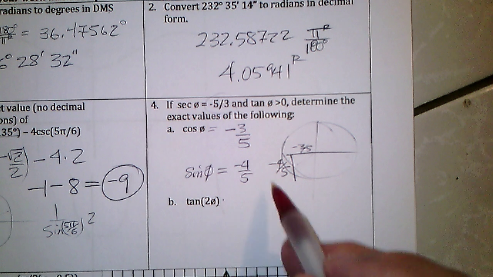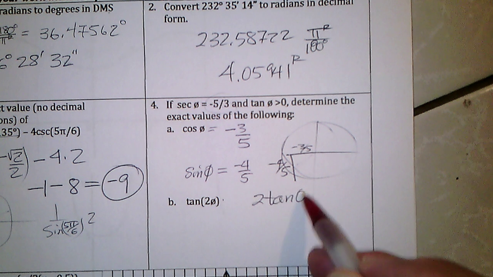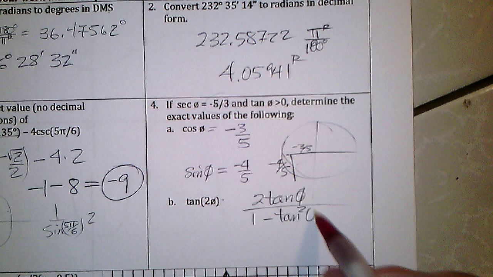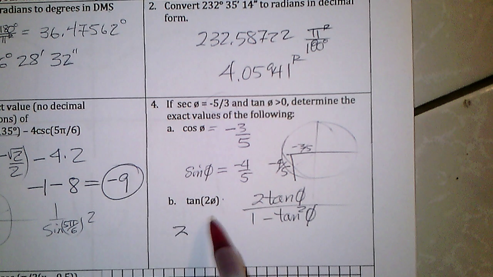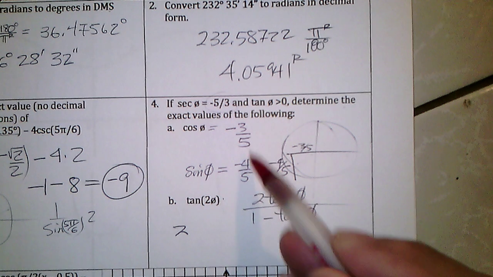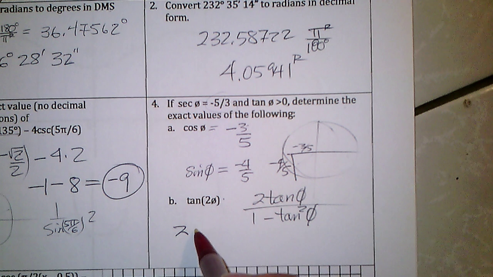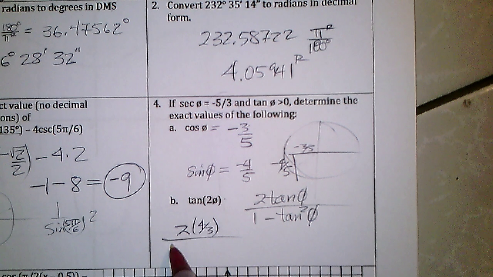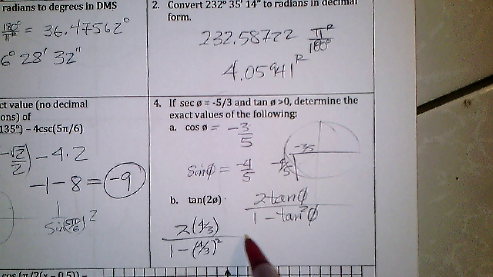Tangent of 2 theta formula is 2 tangent phi over 1 minus tangent squared of phi. So we'd have 2 times the tangent, which would be sine over cosine, negative 4 over negative 3, which is 4/3, over 1 minus 4/3 squared.